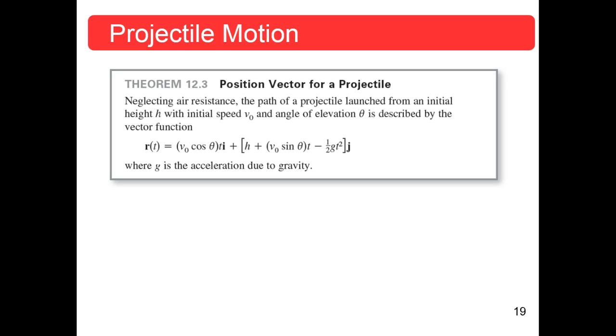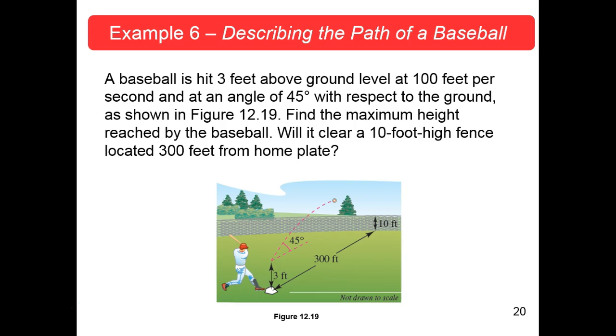Its position is increasing as you go, but its speed is constant. So the position is increasing this way at a constant speed. Vertically, you start at an initial height, and then you have an initial component, but then it's being dragged down by the acceleration. So that's changing, where g is the acceleration due to gravity. Yeah, that's correct.